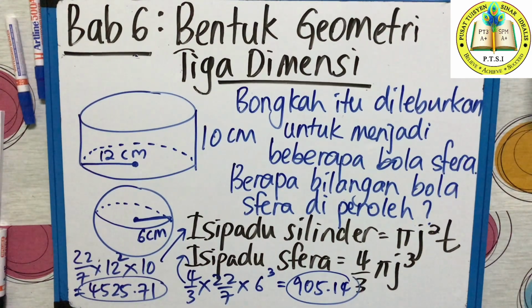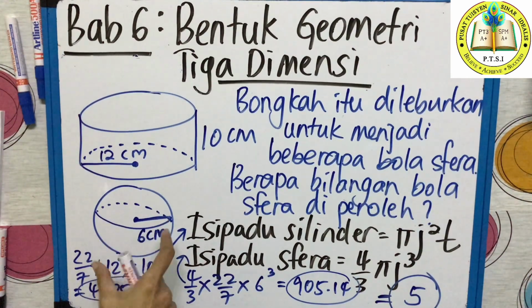Now they say how many balls can you make? So you just divide these two numbers. 4525.71 divide by 905.14. You get answer 5.00000. If you use pecahan, you will get a round answer. Bila kamu bahagi, kamu dapat jawapan 5. That means you can make 5 balls like this.